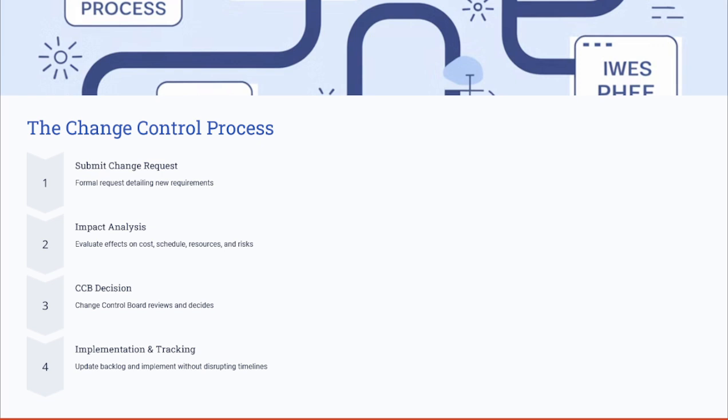While these features add value, they require additional coding, testing, and regulatory approvals. So the team can follow this process by first submitting the change request, where the security team submits a formal request detailing the new requirements with their benefits.